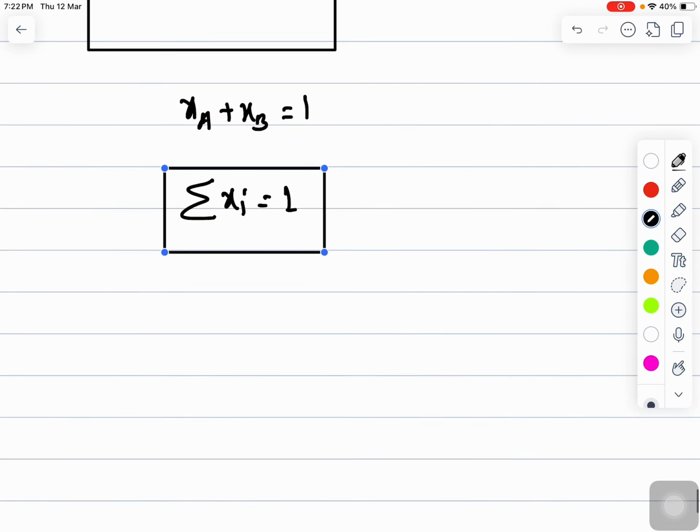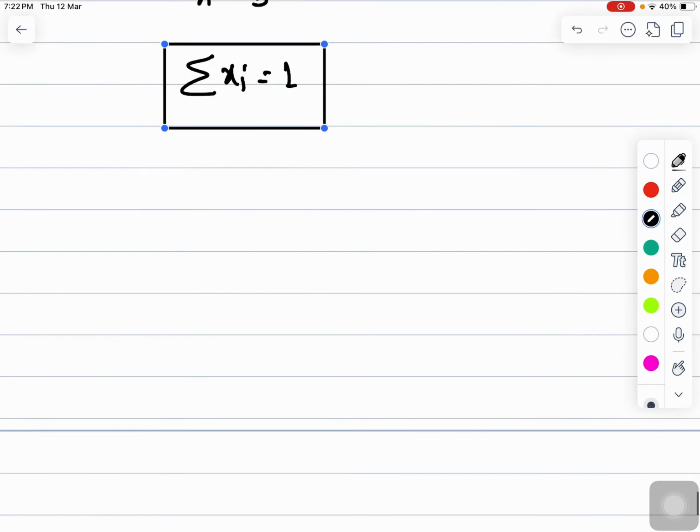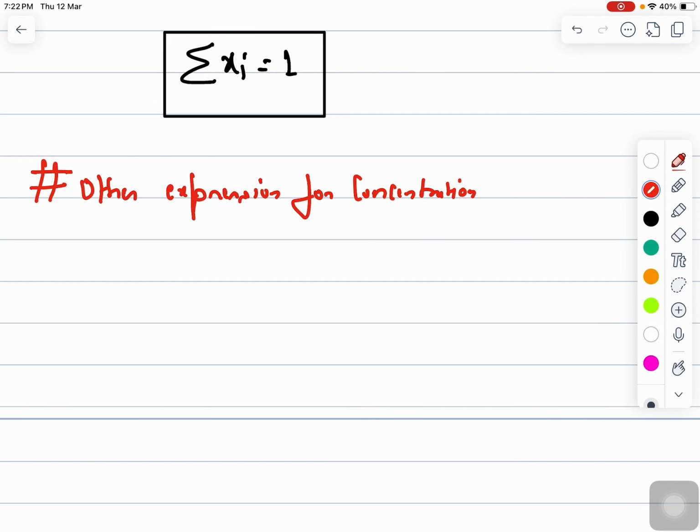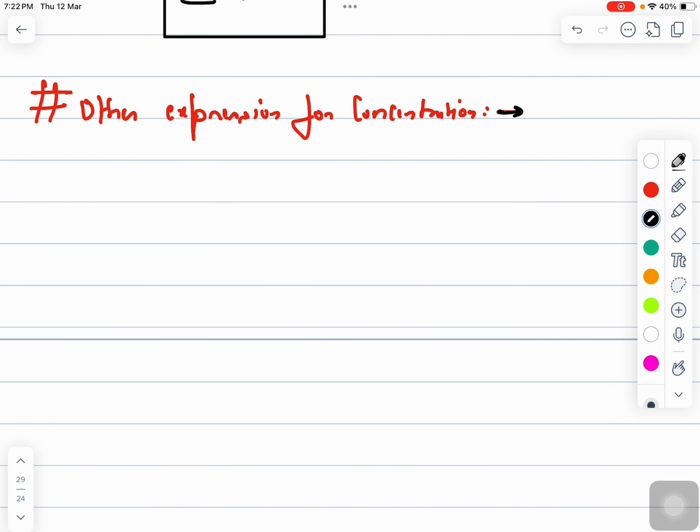Okay. Now coming to the next thing, that is another expression for the concentration. It's also a very important concept. When we talk about a solution, that is a homogeneous medium of either gas, liquid or solid, and that is made up of two or more components.